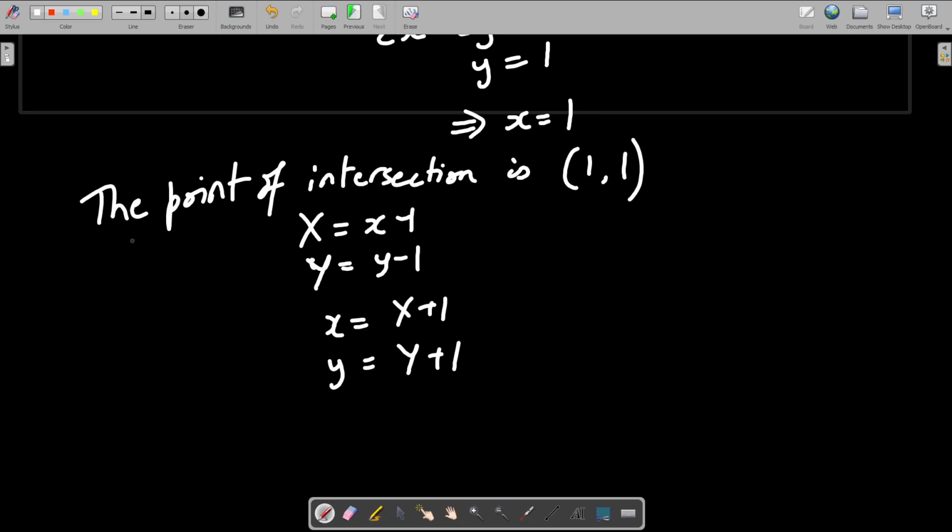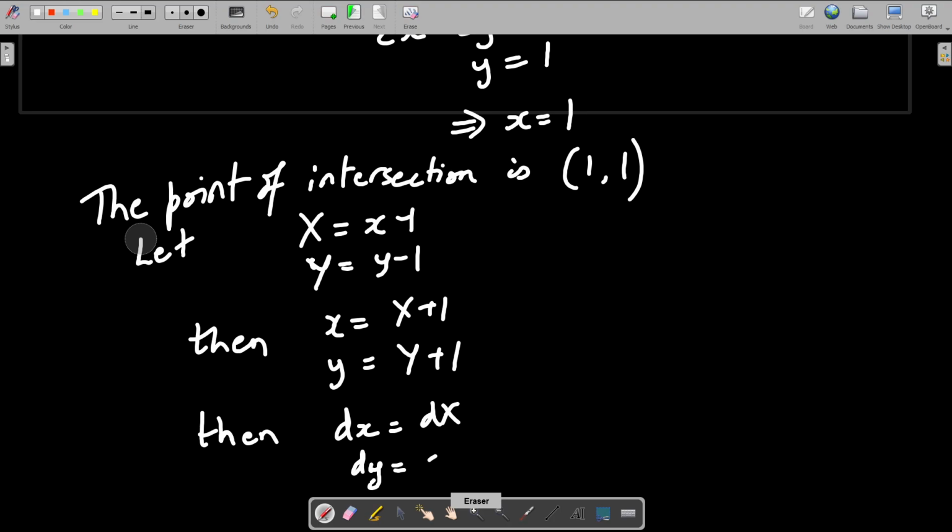Let this be true, then also dx is equal to capital Dx and dy is equal to capital Dy. I'll write down here only to avoid a scroll.